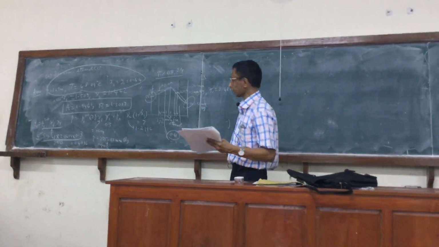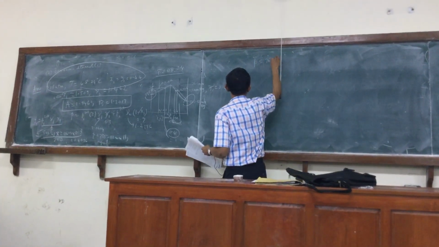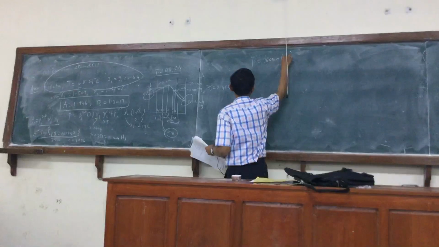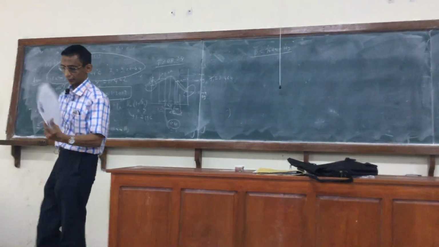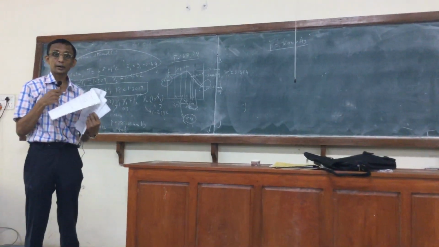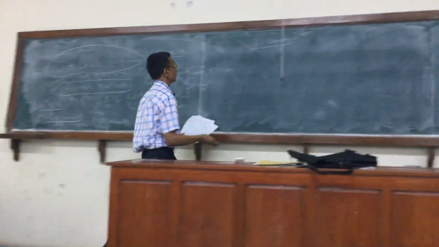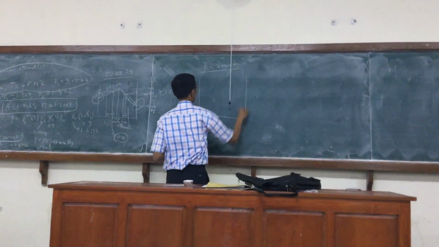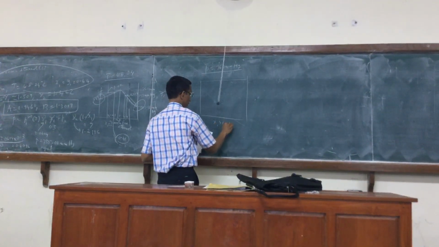Now, to the other type of diagram: what would be the diagram at 760 mmHg? Here again, we now have temperature versus composition, with the mole fraction of ethanol.